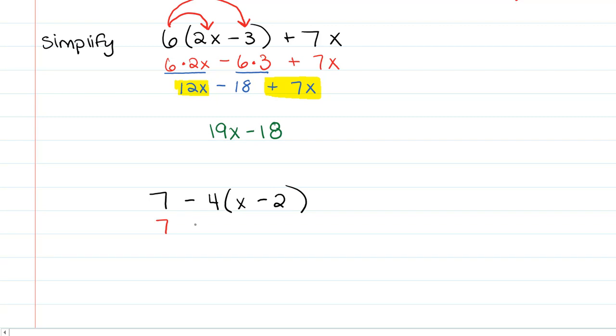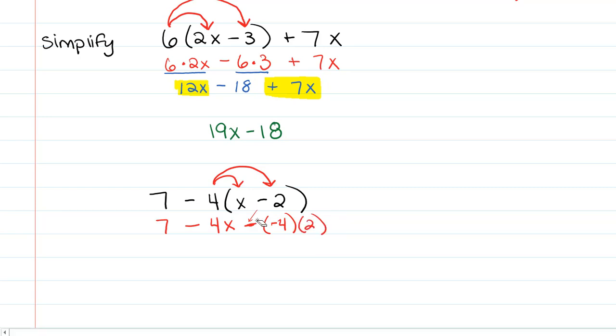So 7 minus, and I'm going to start by distributing, to break down those parentheses, break down the grouping. So for x, and then now I'm going to keep this subtraction sign here, right? That's still minus, but I'm going to do minus negative 4 times 2.